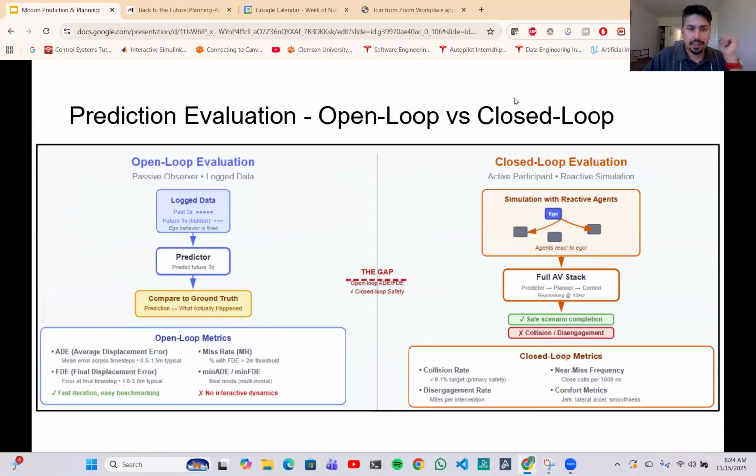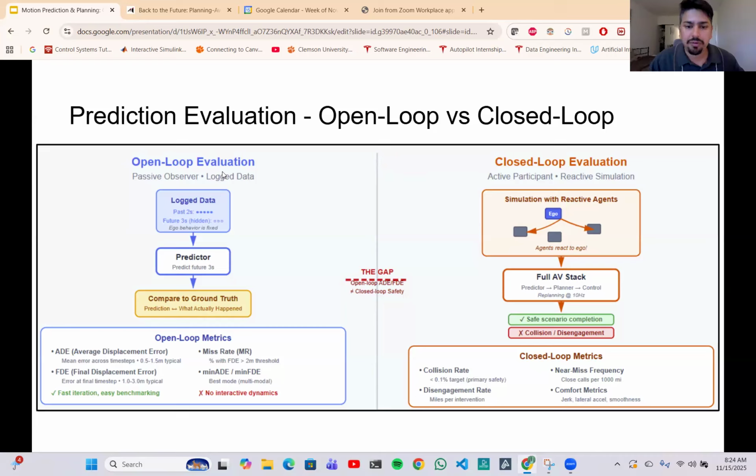And then coming to how we evaluate these predictions, there are some interesting ways to do it. I think the high-level takeaway is about thinking about open loop and closed loop predictions. Open loop prediction is just taking the log data, making a prediction using a model, and comparing it with the ground truth that you have. That model can then use this as a loss function and train a neural network.